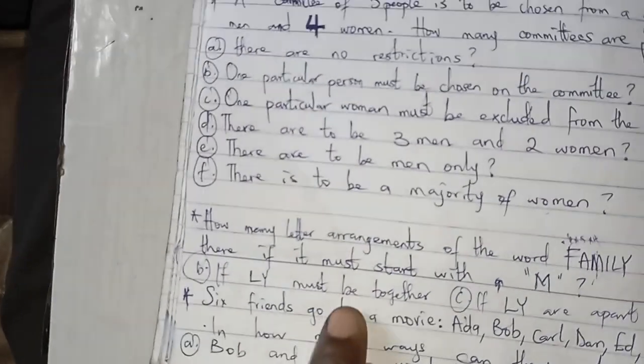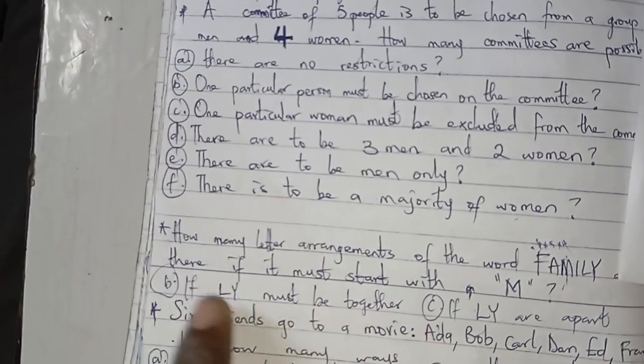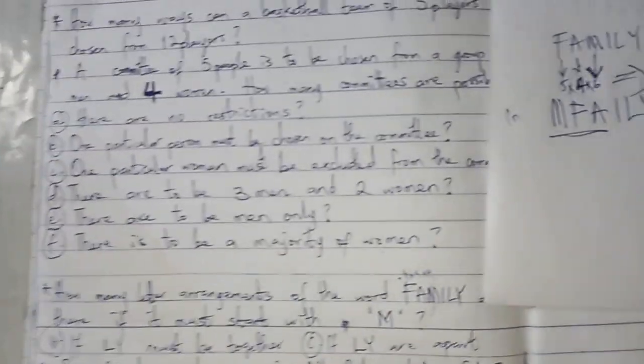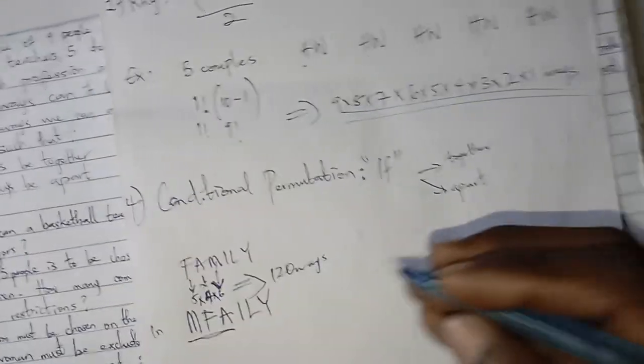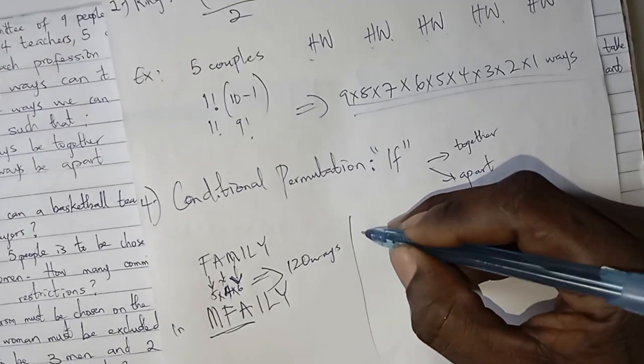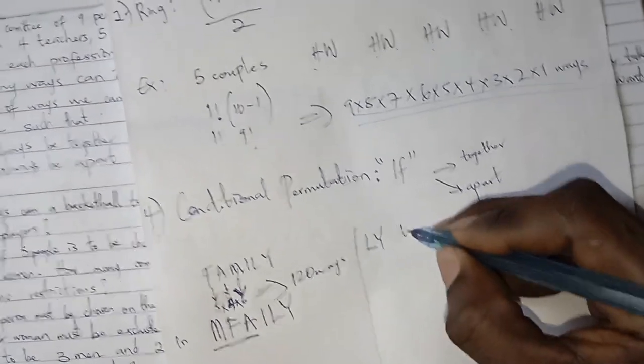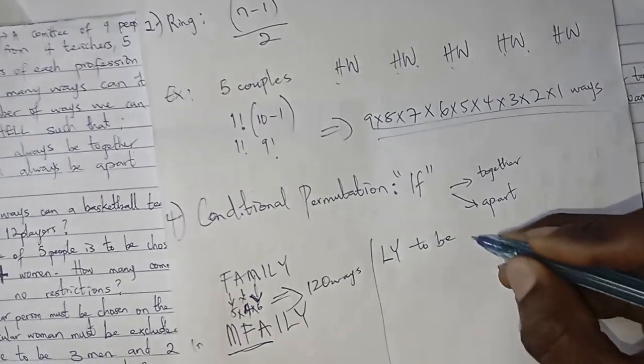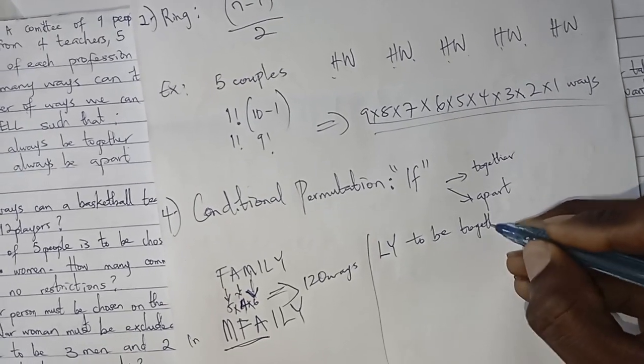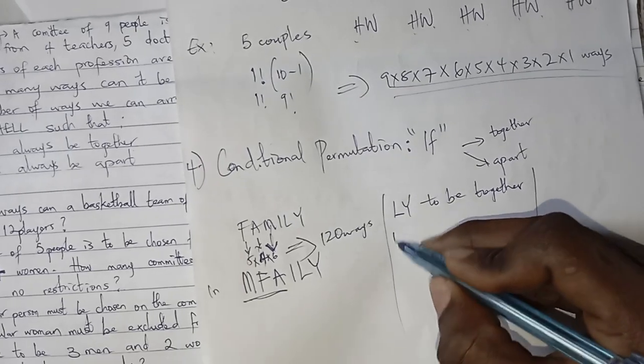All right, let's say they now asked us if LY must be together. Now let's first check something. For LY to be together, I'll first of all ask myself, let's spell FAMILY.